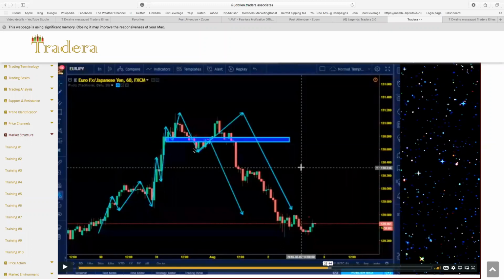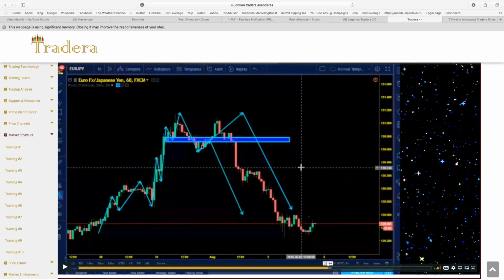So it broke market structure with this. That's why it's a good idea to not just draw support and resistance lines, but to draw these support and resistance boxes, because then you see it broke market structure.